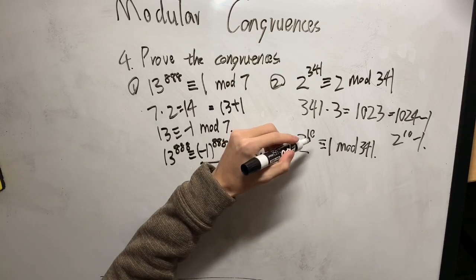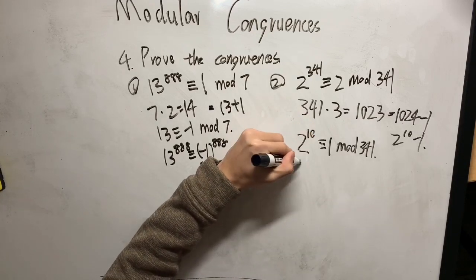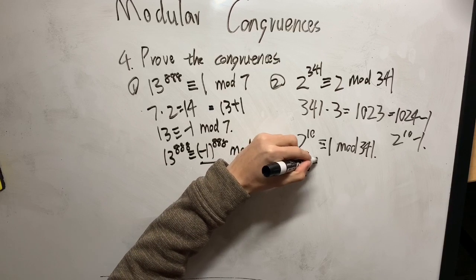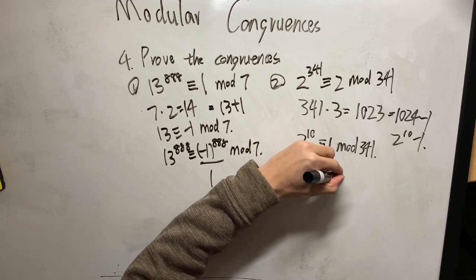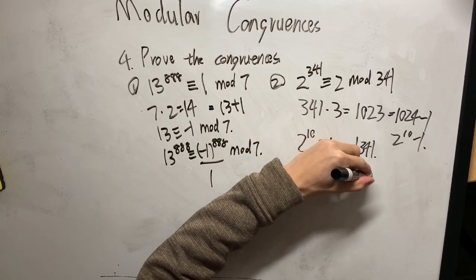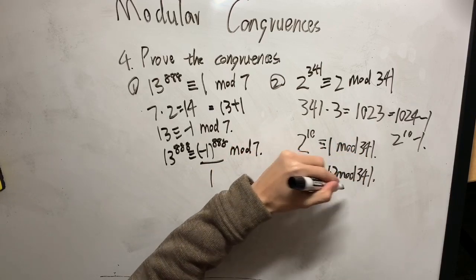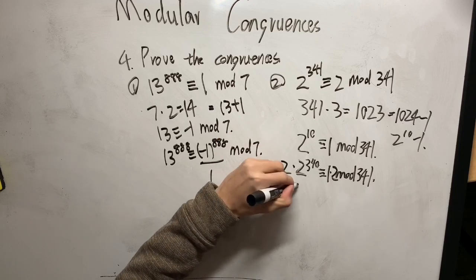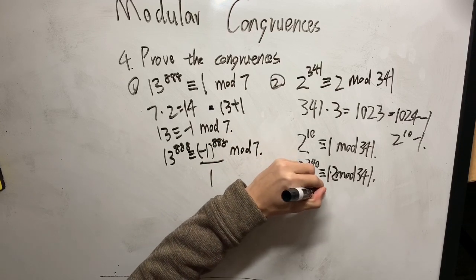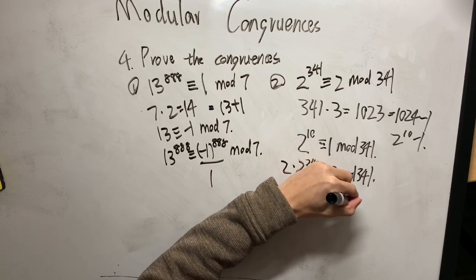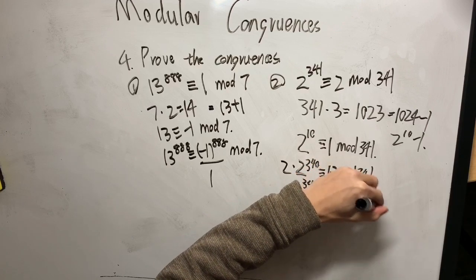So you have power of 34 on both sides, then 2 to the 340 is congruent to 1 mod 341, and we multiply by 2 on both sides. Thus, 2 to the 341 is congruent to 2 mod 341.